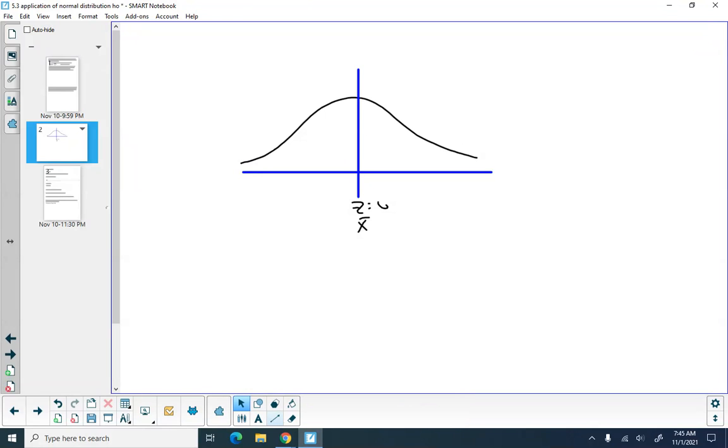When you calculate or are given a z-score, the table value will be the area between the z-score and this value of 0. So when you deal with your calculations, you're going to get an area between these two.